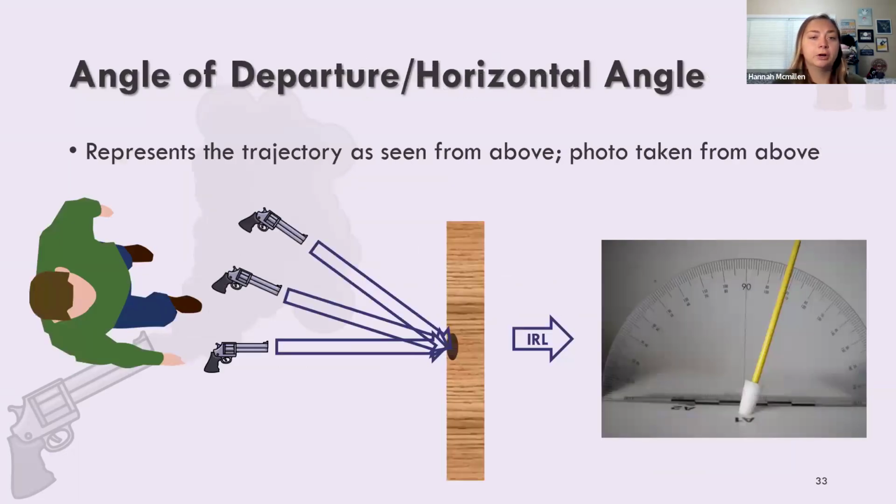For our angle of departure, or our horizontal angle, this is the trajectory as seen from above. So the photo is taken from above. What angle could the firearm have been held at in order to produce the bullet defect that we see? In real life with our trajectory kit, going from above, we can see the rod is coming in this way, and we have our protractor here to give us what that angle is.